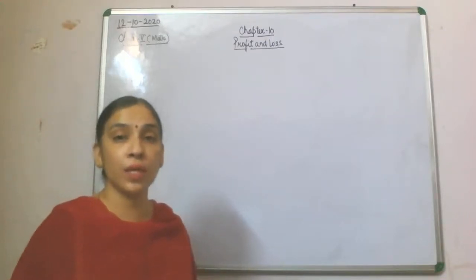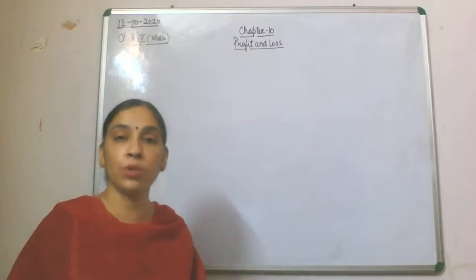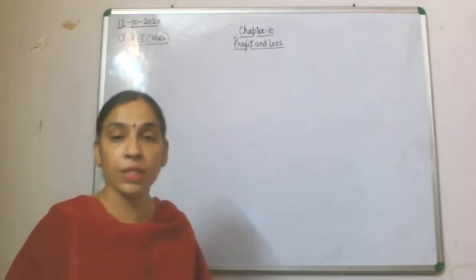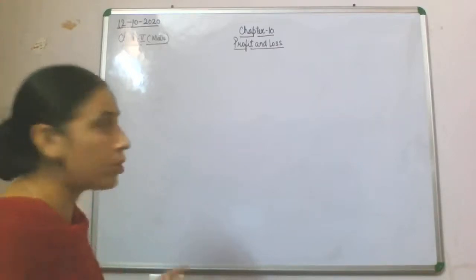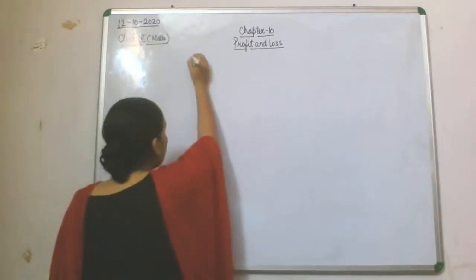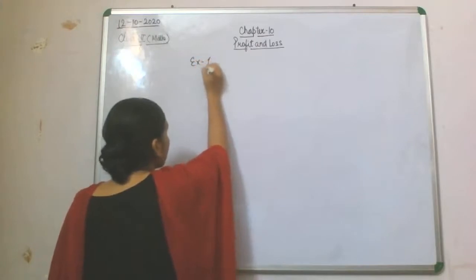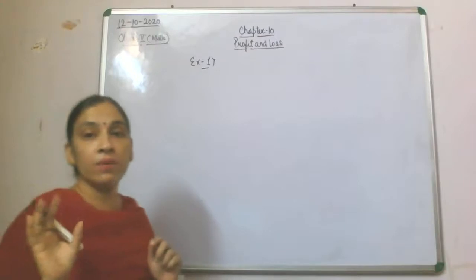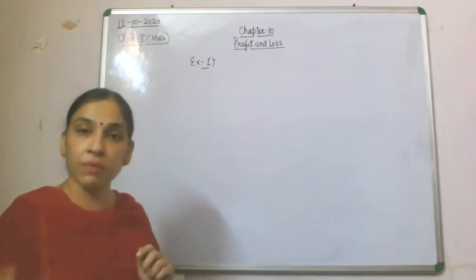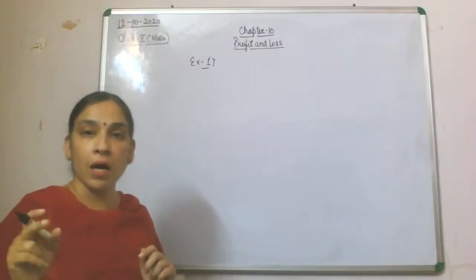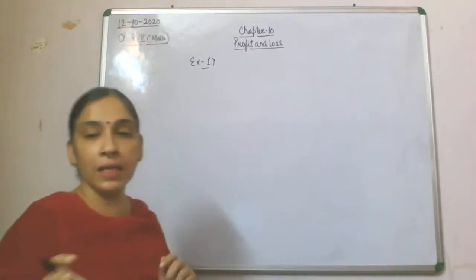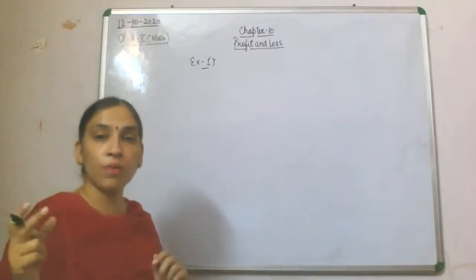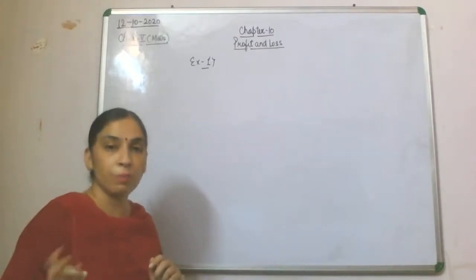That is what I was telling you: sometimes in the question you are given cost price and selling price, but you have not been given the profit. So first we will calculate profit or loss, and then find the profit percent.